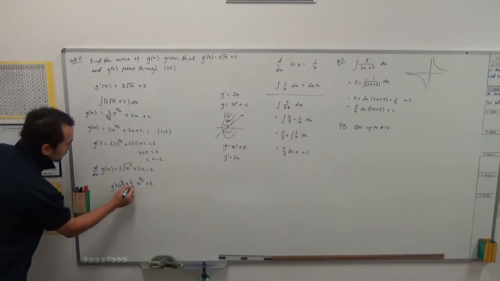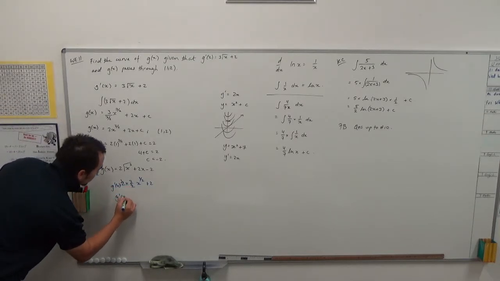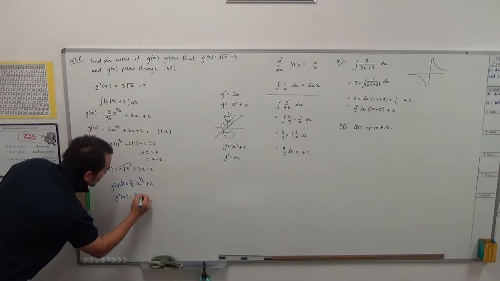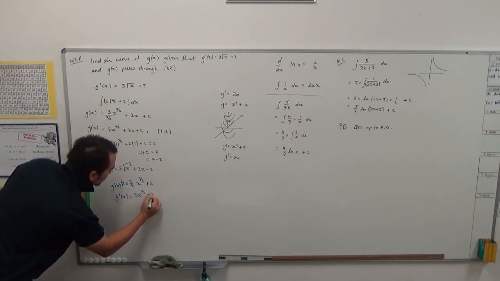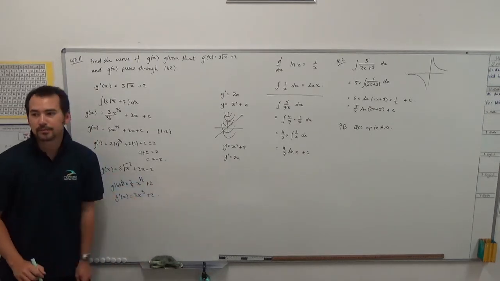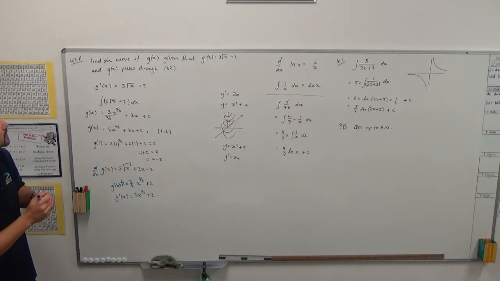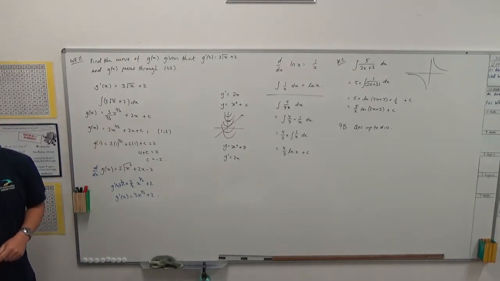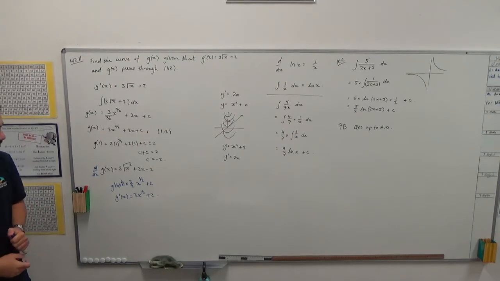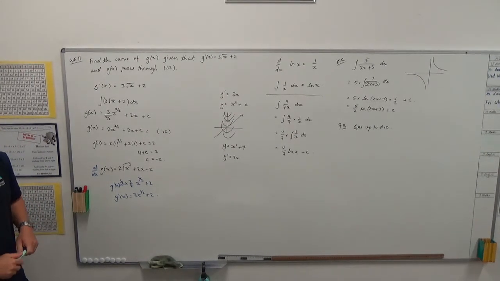The twos are going to cancel, and we're left with 3x to the power 1/2 plus 2, and then the constant's gone. It's the same result. Which is the same as that. Easy? Too easy. Okay, so have a go.